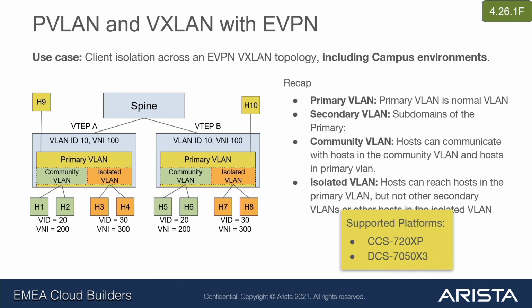You have the concept of a trunk, or community trunk, or a promiscuous trunk in private VLANs. But when we try to expand this across a VXLAN infrastructure, because of the way that layer 2 is encapsulated within layer 3, it becomes quite difficult to transport the tags for private VLANs to work.